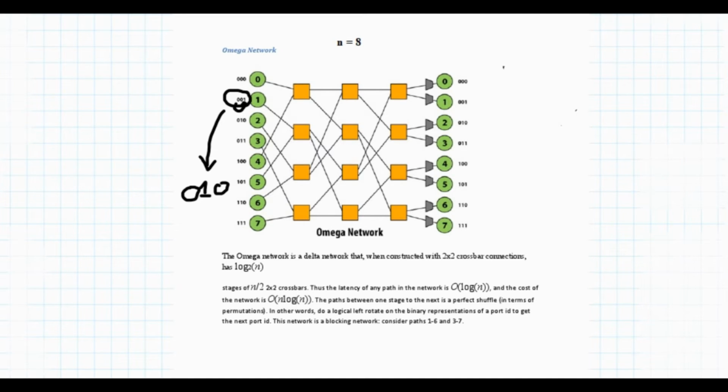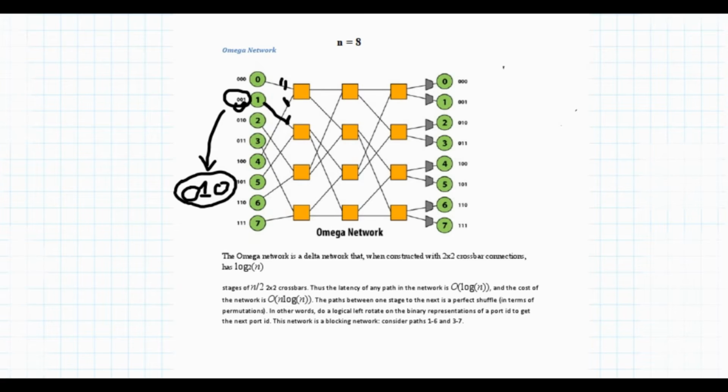So this is the destination address for this outward edge from processor, which is address 1. You can see that it has been connected to the input with address 2. This is the input for first stage switches 0, this is 1, and this is 2, and so on. You go like that and construct the entire omega network in this way.